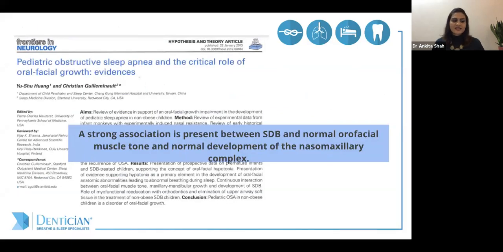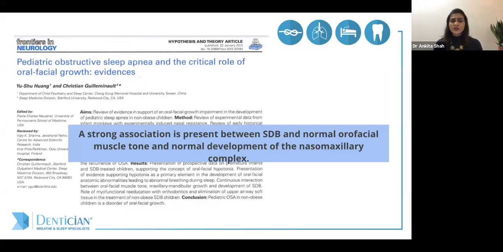So let's look at another interesting study. Now, this was again by Dr. Gimino and Huang. What they did is they had a couple of infant monkeys. They induced nasal resistance in these monkeys. They also went through a lot of orthodontic literature. They also studied a couple of children who had obstructive sleep apnea.